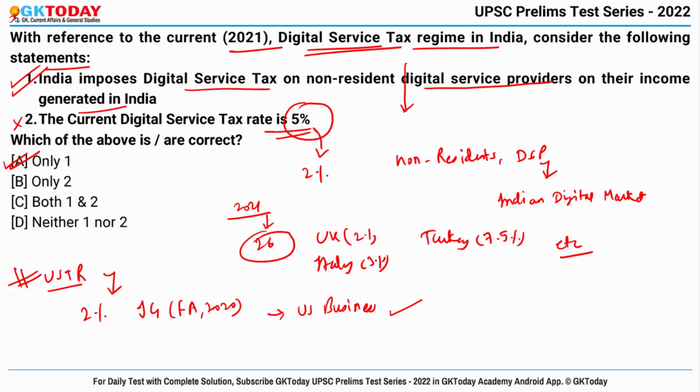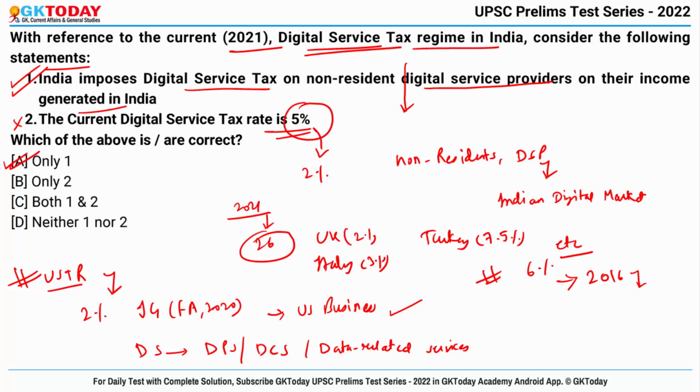So this India's 2% DST is levied on revenues generated from digital services offered in India, including digital platform services, digital content sales, and data related services. Okay. Also, India was one of the first countries in the world to introduce 6% equalization levy in 2016, but this was restricted to online advertisement services.